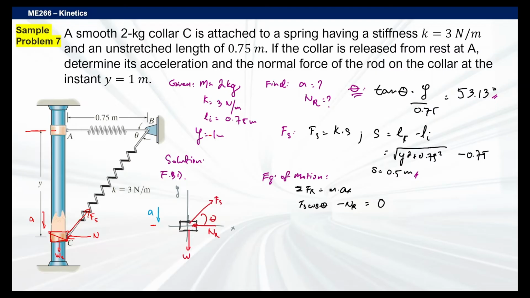All we have here is the summation of forces in the horizontal: F_s cosine theta minus our perpendicular normal force. That will be the equation that we can solve now because we already determined the spring force and the angle. So our N_R here is simply 3 times 0.5 times cosine 53.13, and your N_R is 0.9 newtons.